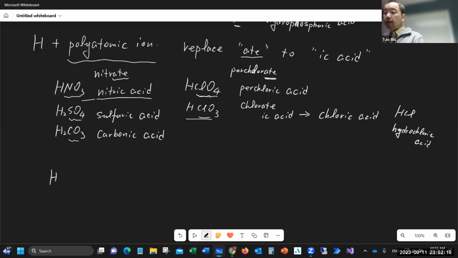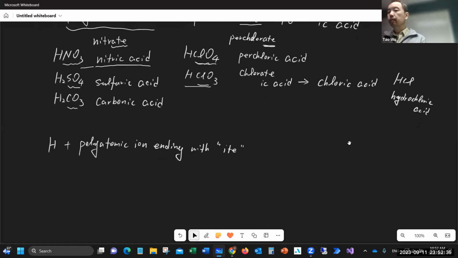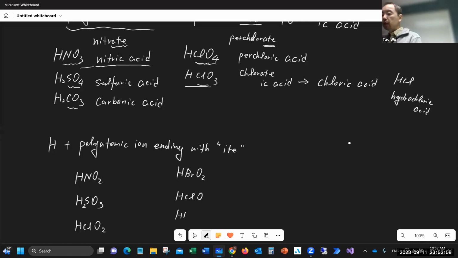So for example, if we have hydrogen plus a polyatomic anion ending with ITE, like HNO2, H2SO3, and HClO2, HBrO2, or HClO, HIO, that generally is the same thing, okay?